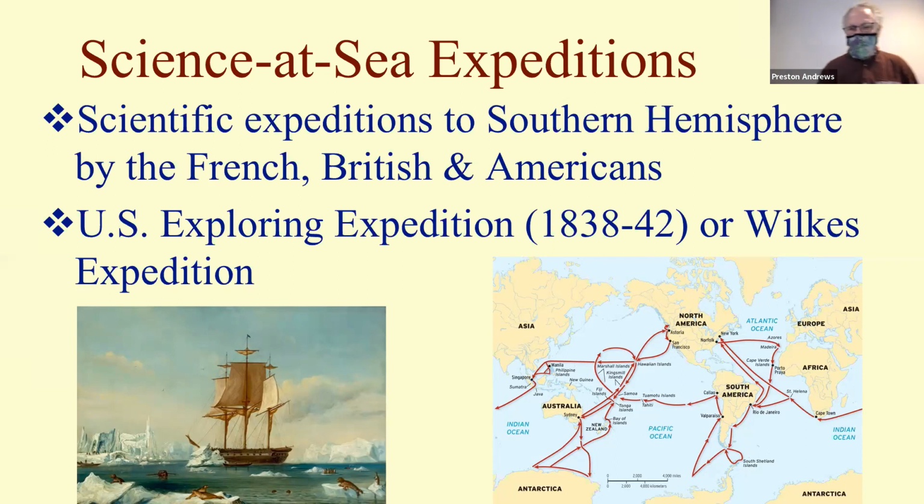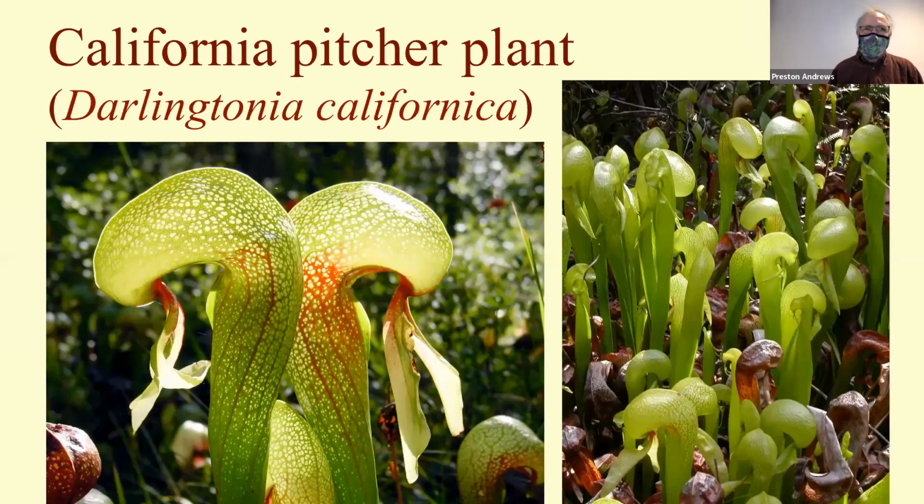Okay, so they did find this one, which is really an amazing plant. The California pitcher plant, a carnivorous plant, Darlingtonia californica, was collected up at the headwaters of the Sacramento River, back before there was Shasta Dam and all that kind of stuff. There was aquatic habitat up there.